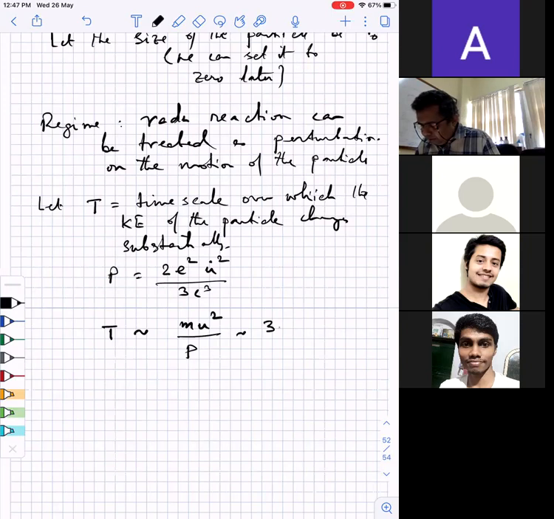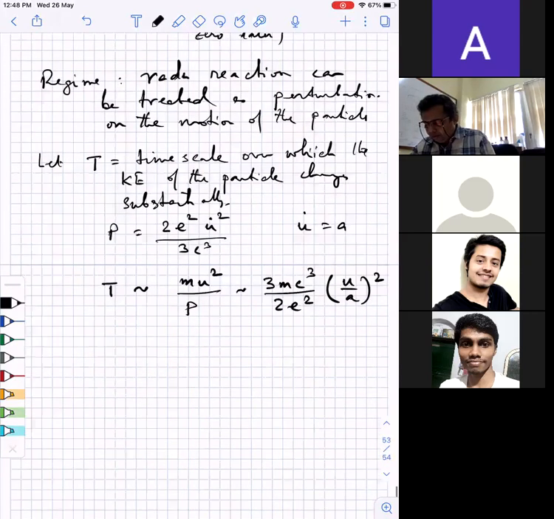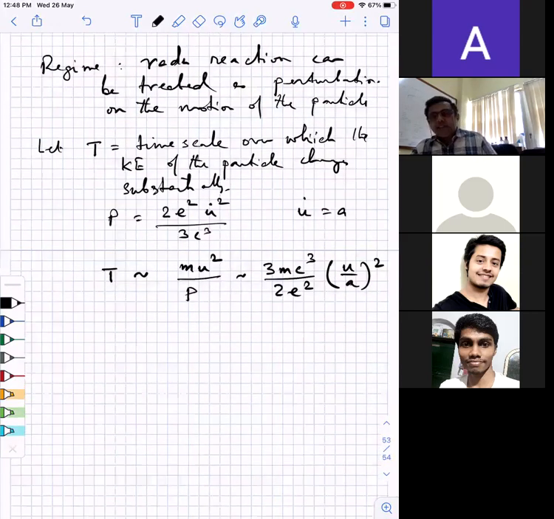This is equal to 3mc cubed over 2e squared, times u by a whole squared, where u dot is your acceleration. So this is the time scale in which things are changing.